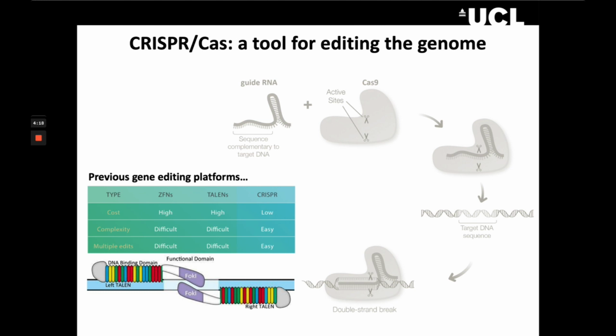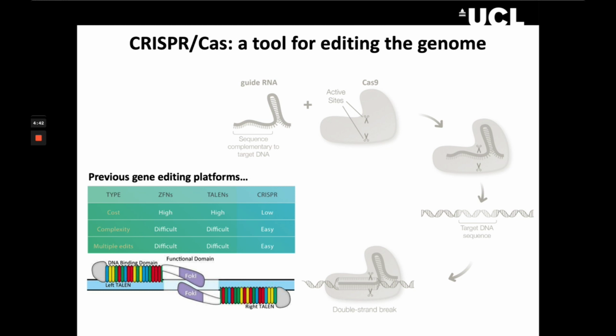Now, there are gene editing platforms that predate CRISPR-Cas, such as TALENs and zinc finger nucleases. They are also two-component systems. However, in these earlier editing platforms, the guiding and cutting components are fused together, making them complex and expensive to synthesize and requiring a new fusion protein for each mutation that you want to target.